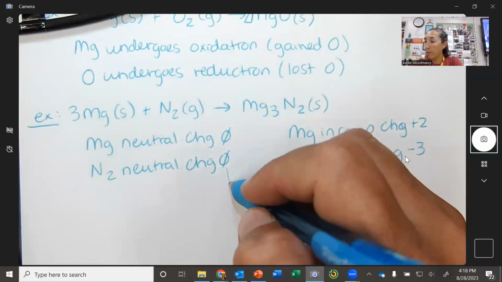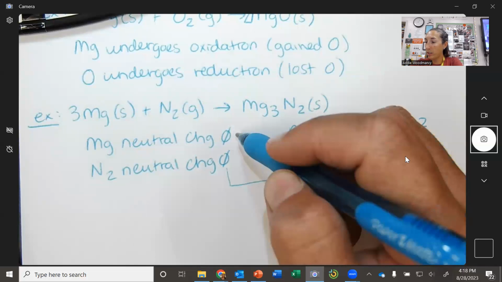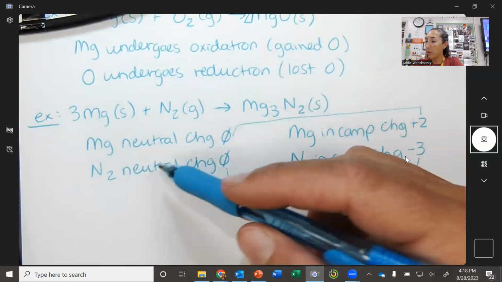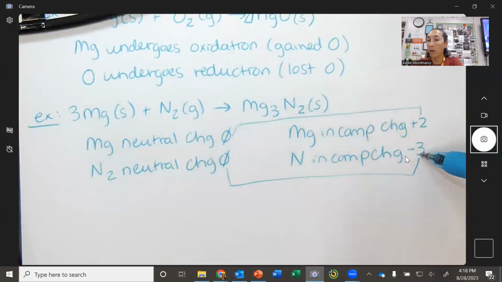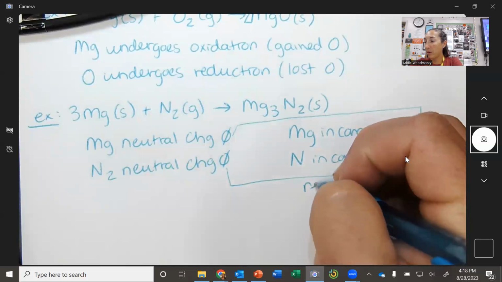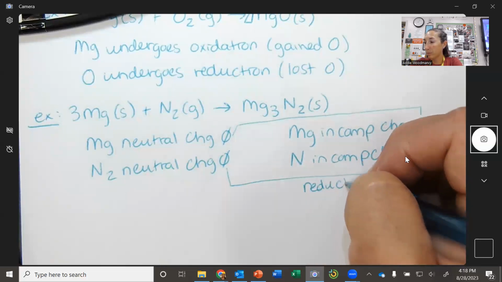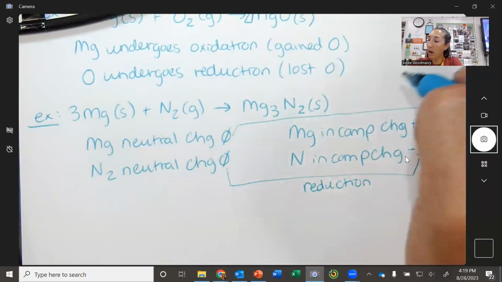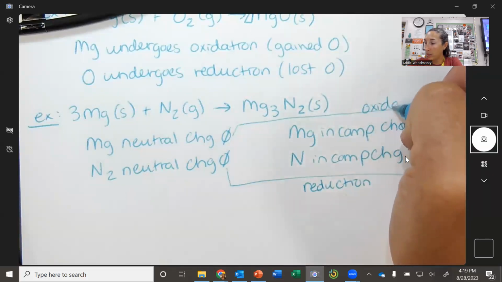So what we do is we compare what happened to our changes in charges. And what we see is nitrogen, its charge becomes more negative. So if it's becoming more negative, that means it's undergoing reduction. And magnesium, if its charge is going up, that means it's undergoing oxidation.